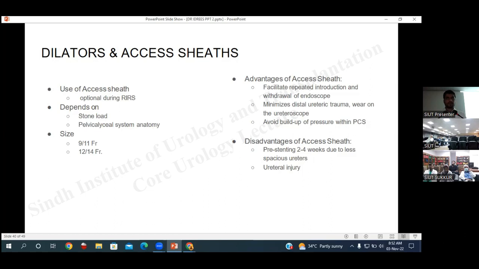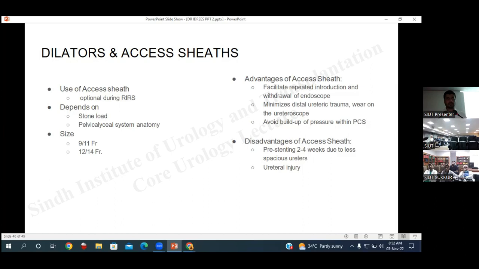Most people are fond of using the ureteric access sheath because of their practice. But here in SIUT, we do not use it, probably because of the cost. But it again depends on the case. After discussing with a lot of people, we realize that what we are doing over here is with the semi-rigid URS.